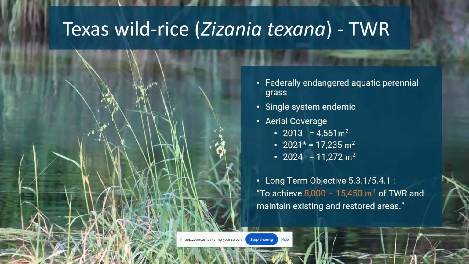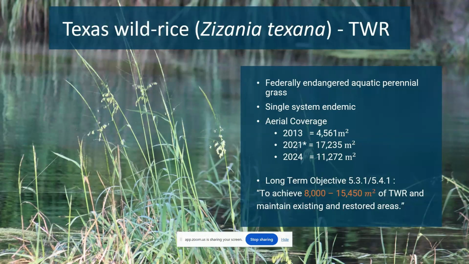So Texas wild rice is an aquatic perennial grass. It is only found in the San Marcos River. It is pretty widespread now. As of 2024, we had a coverage in the river of almost 12,000 meters.